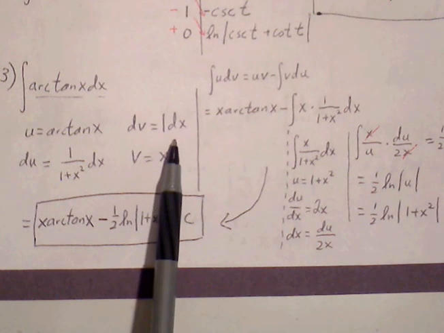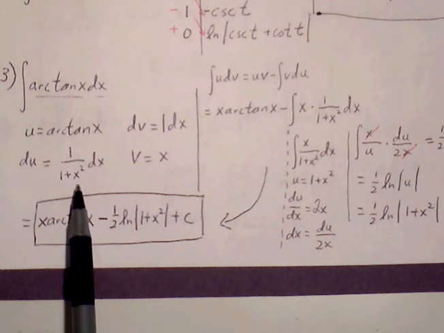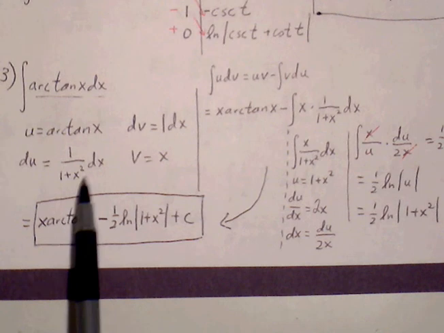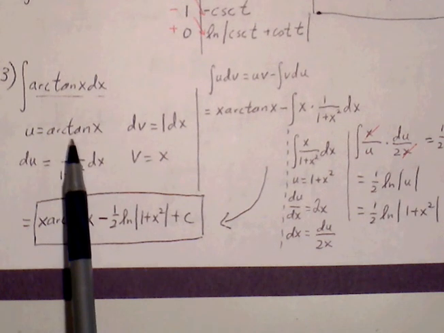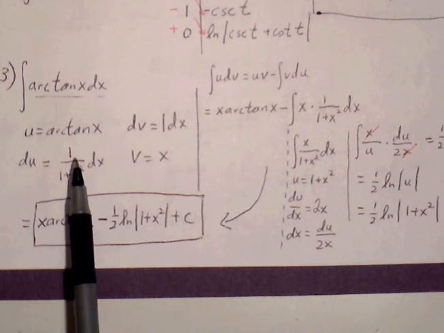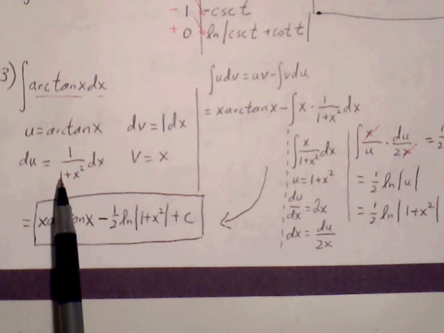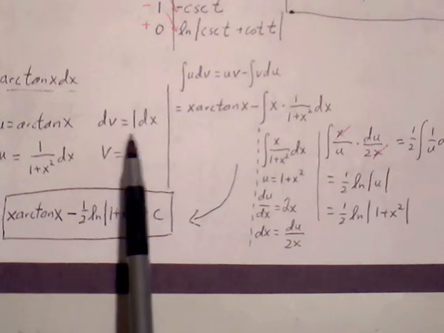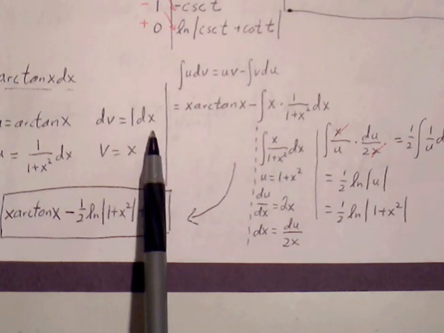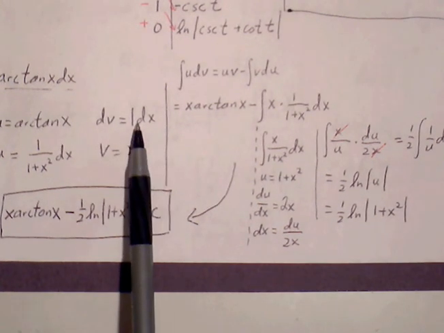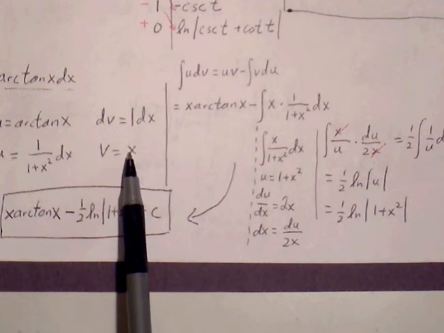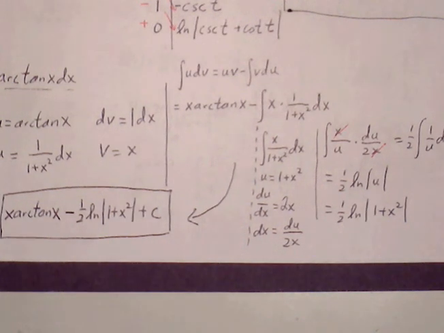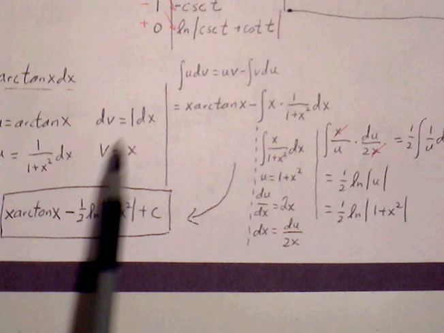So our derivative is simply 1 over 1 plus x squared dx. Remember, the derivative for arctangent of u is u prime over 1 plus u squared. And so our dv is 1 dx, so the integral of a constant will simply be a variable. So 1 becomes x. We match up u times v minus integral of v du.